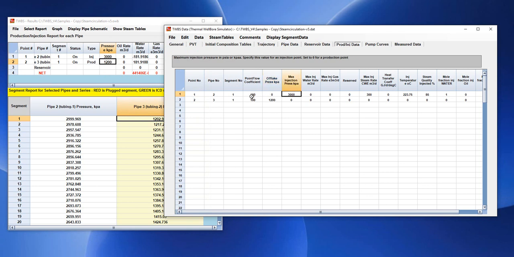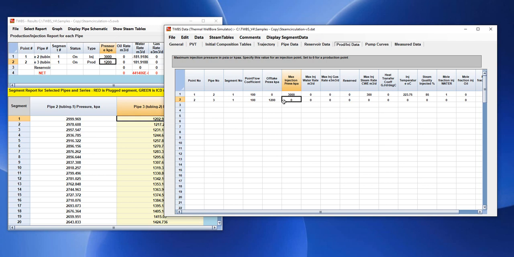For this injection point, we also have the capability to specify maximum injection water rate, maximum injection gas rate, or steam rate, and this is the maximum rate. For the offtake points, we don't have a similar entry, because for offtake points, what comes in from the reservoir must come out at offtake points.